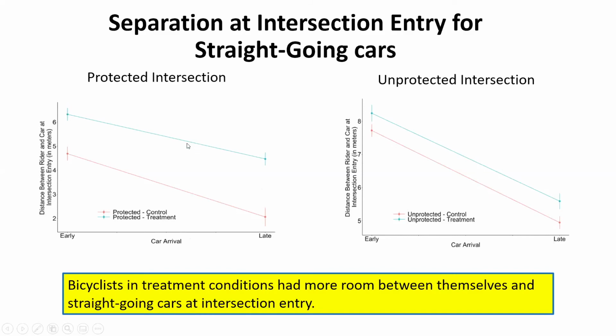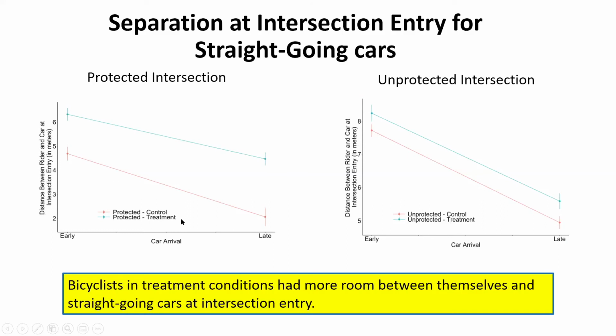So let's see. For the protected intersection, when we analyze only the straight going cars for the control and treatment, we see a main effect of condition: being in the protected treatment condition predicted a 1.62 meter increase in distance between the rider and car at the intersection entry point compared to those in the protected intersection control condition.